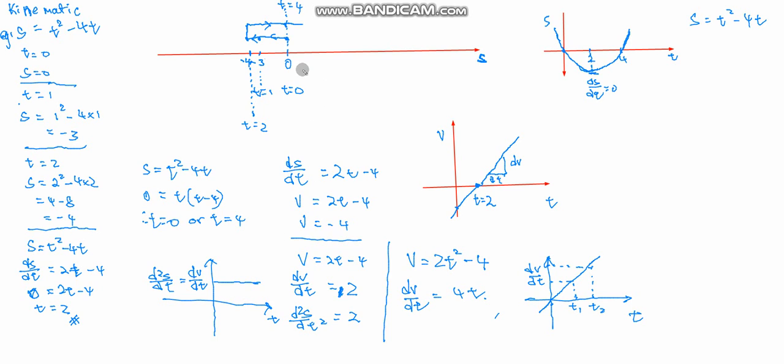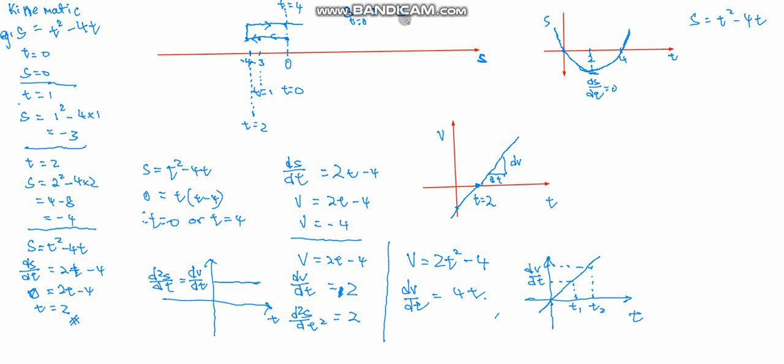Now another thing is, if you want to find the distance traveled from 0 seconds until t equal to 4, it is basically this distance plus this distance, so basically it's twice. But bear in mind, let's look at the distance traveled from here to here. At t equal to 0, s is 0.